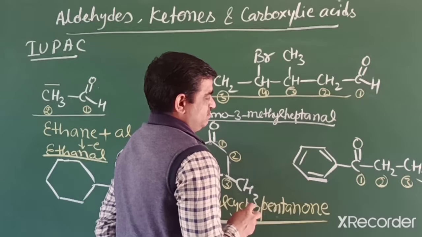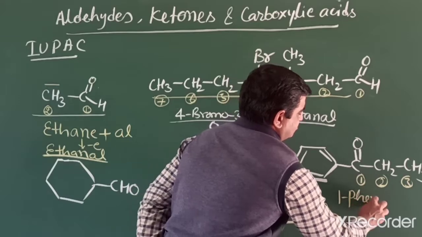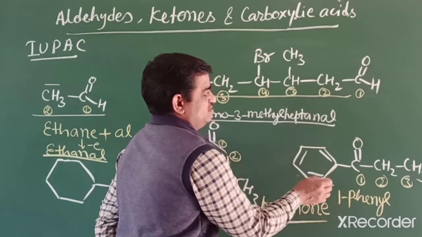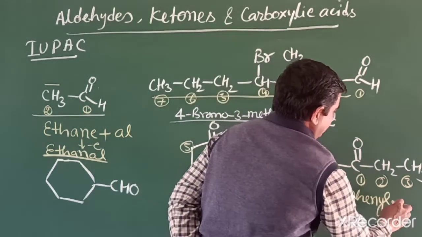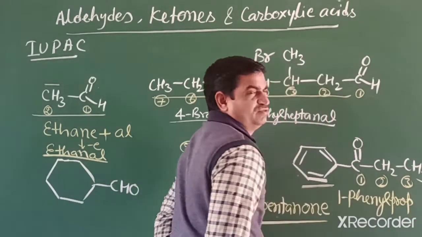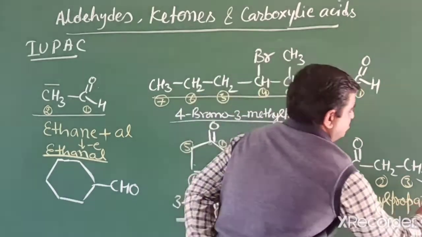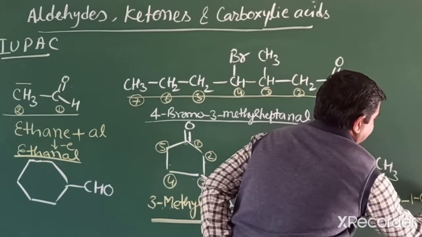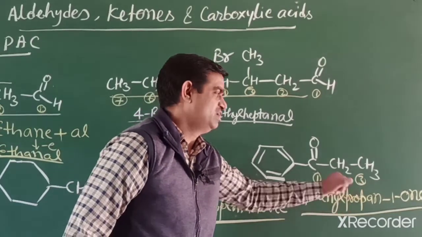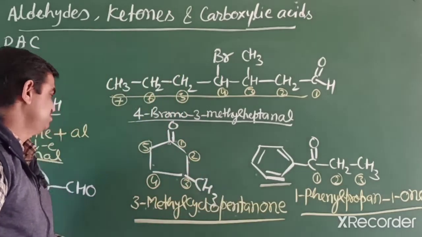How can we write the IUPAC name? 1-phenyl, because phenyl is C6H5. Then total 3 carbons, so prop, single bond ane, then the terminal e is dropped, and 1-one. So the IUPAC name is 1-phenylpropan-1-one. The 1 means ketone, so there we have to write 1.